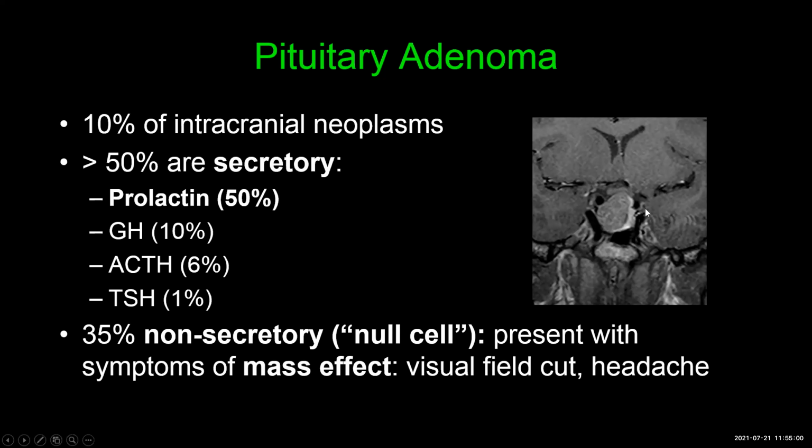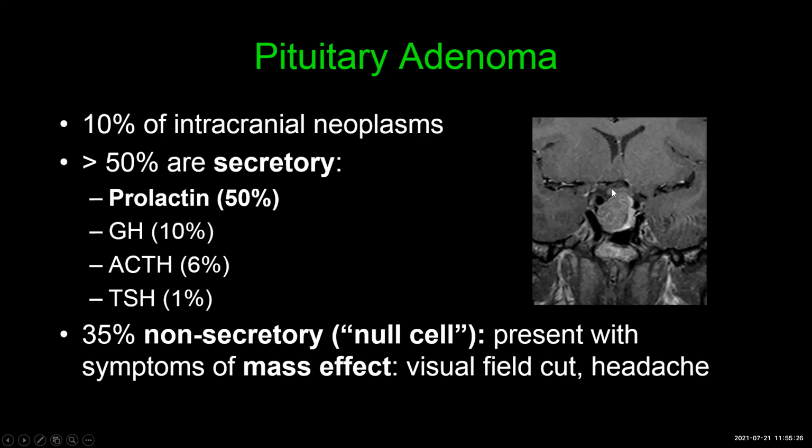So if we look at this coronal MRI image again, we can see that there is this mass, and this is this area that is darker than the normal pituitary tissue, which will typically vividly enhance. It is growing out of the sella and into the suprasellar cistern, and it is compressing this optic chiasm.